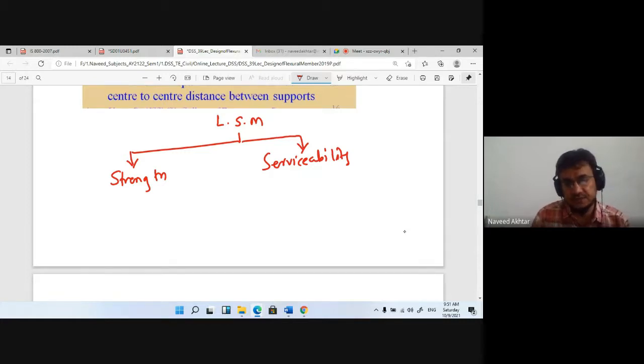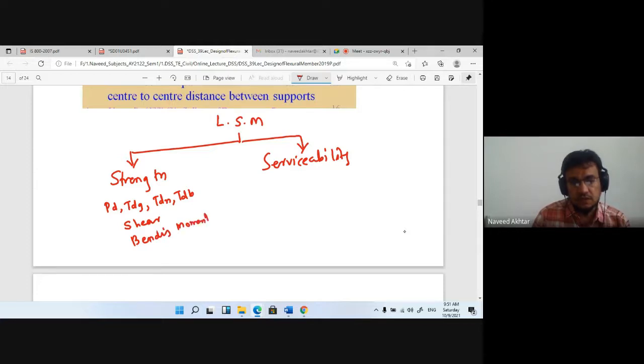and serviceability. So strength of member, you can find out Pd, Pdg, Pdl, Pdb, all these things are strength criteria. Resistance to the shear force, resistance to the bending moment, resistance to the torsional moment.